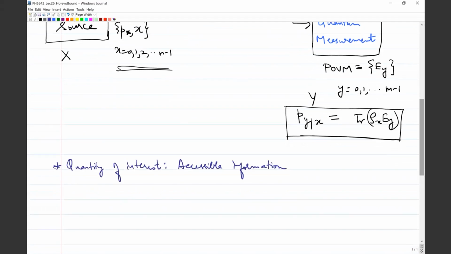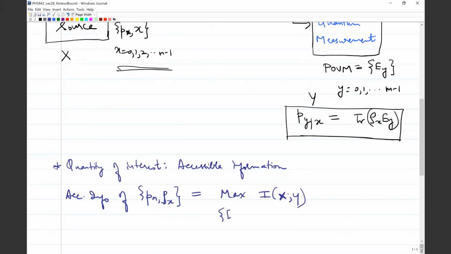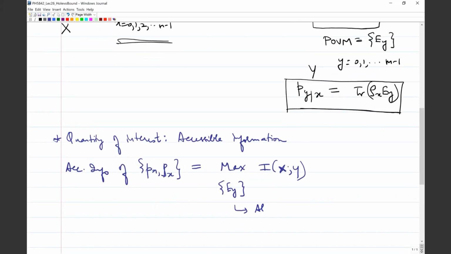So the accessible information of this ensemble of states, Px rho x, is basically the maximum classical mutual information Ixy between x and y, maximized over what? Maximized over all possible POVMs that can be performed by the receiver.